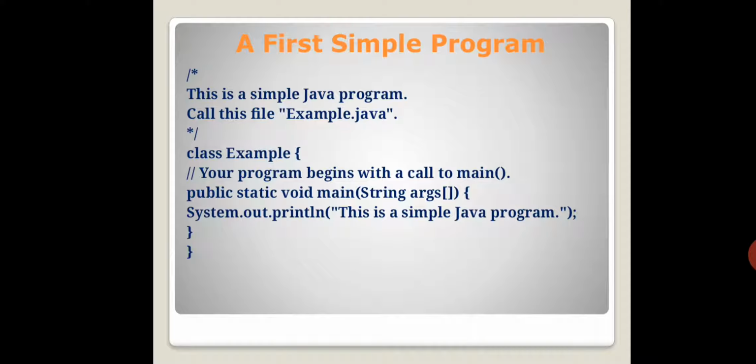Why public? Because your main method has to be called, isn't it? You should not restrict that, you should not give any access specifier to it. You should give the permission to public so that the main method can be called. Now why is the static keyword used for main? When you use the static keyword, for a variable or a method, the memory management will be very easy.